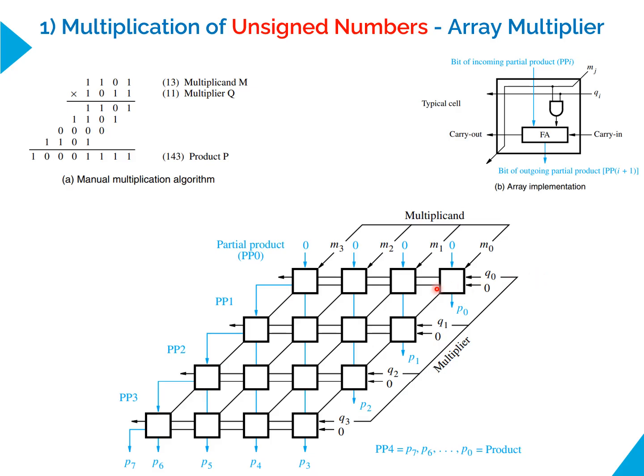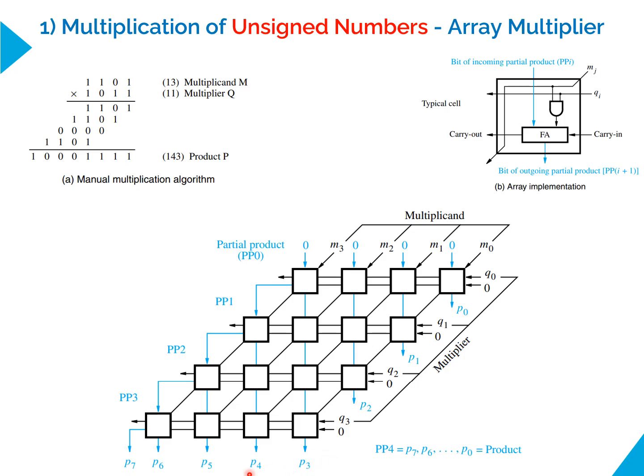Then you can see the output of the array, the sum which goes here, and the carry out which goes to the next level. So this is the implementation of an array multiplier, and this works only for unsigned numbers.